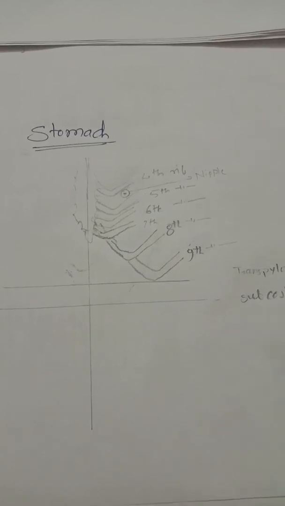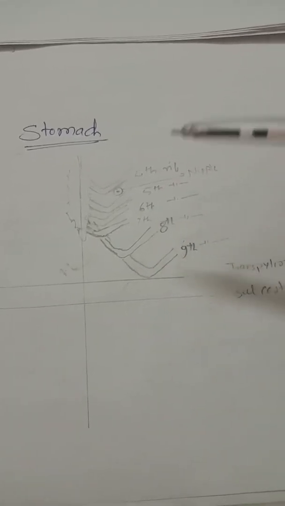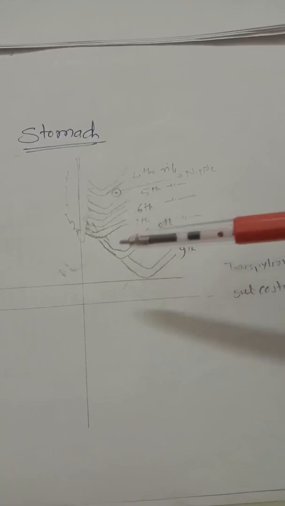To draw the surface anatomy of the stomach, firstly you should draw the cardiac end and the pyloric end.